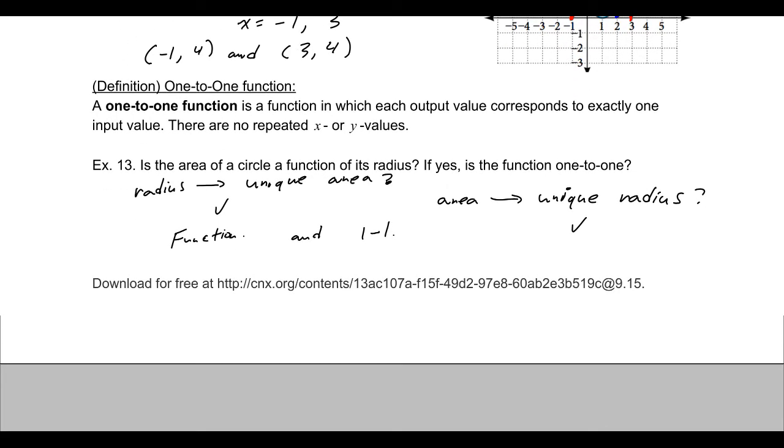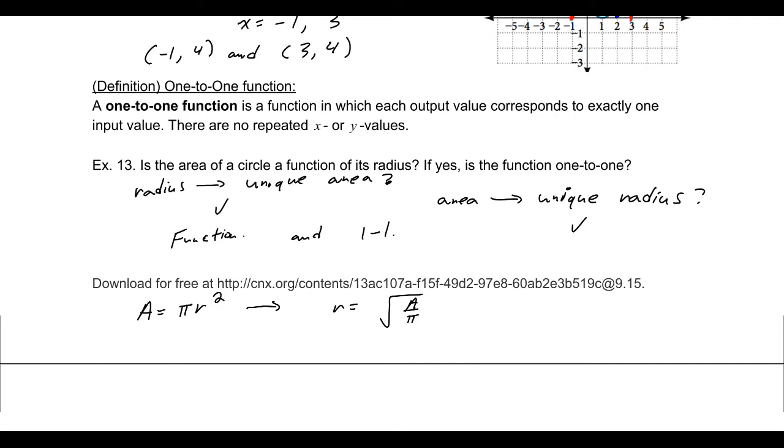And to see that, you could actually take the function area equals pi r squared. Let's actually work with that real quick. If I solve this for r, what I get is the square root of area divided by pi.